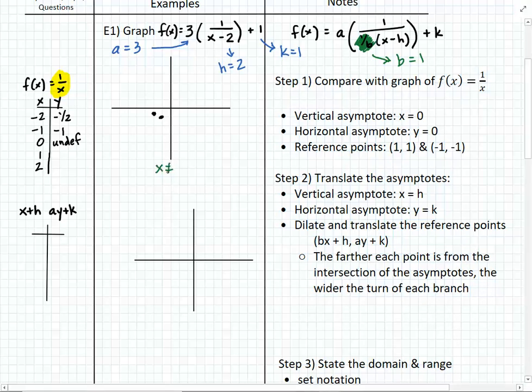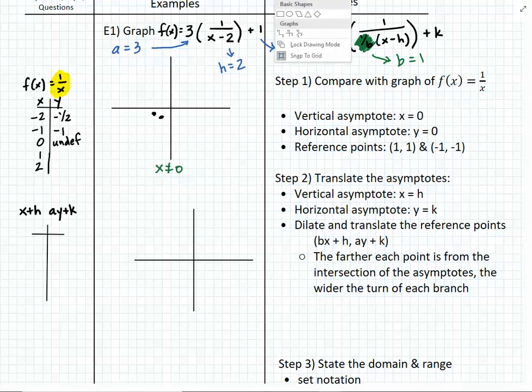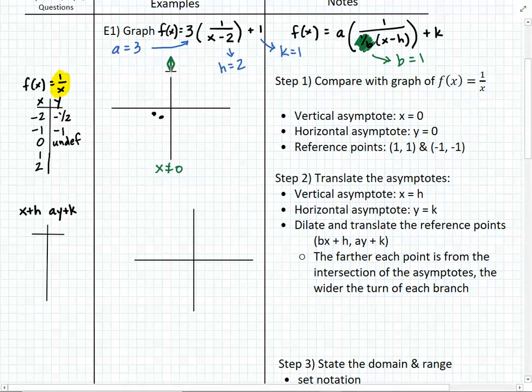We've got a restriction on the domain, and to represent that visually, we're going to draw a vertical line with that equation x equals 0, but since you can't touch it, that's called an asymptote, and we're going to make it a dashed line, meaning there's not going to be any points in these simple rational functions that cross that line, at least not in the parent function for this one.